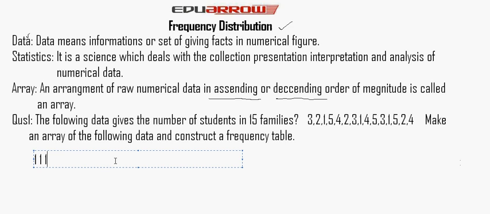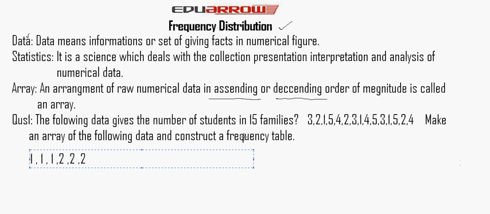Now we take 2, 2. 2 is 3 times in this table. 1, 2, 3. Now we take 3. 1, 2, 3. 3 is also 3 times in the following data.